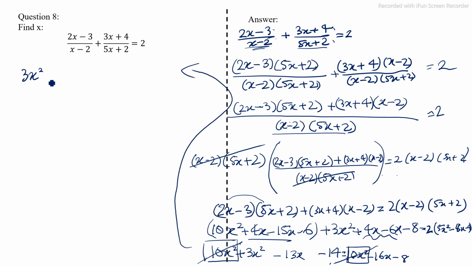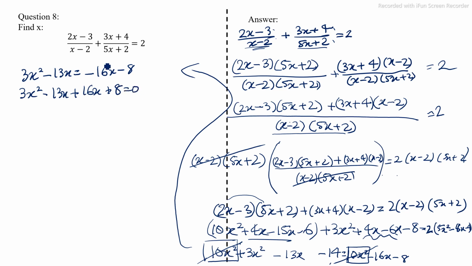3x squared minus 13x equals negative 16x minus 8. Okay, we have an equation. Simplified it, took a long time. So 3x squared minus 13x plus 16x plus 8.